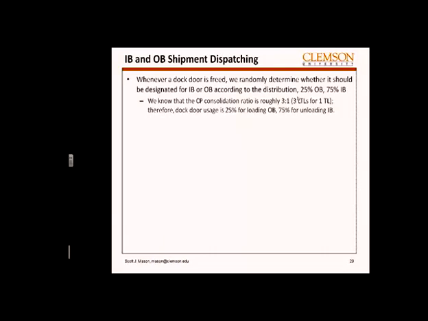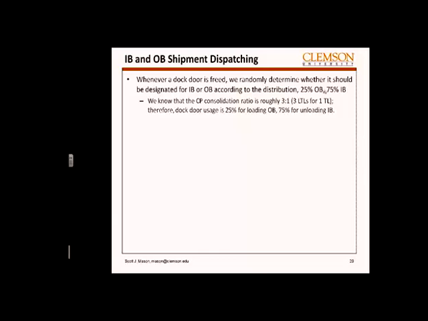So whenever a dock door becomes free, it could be assigned outbound, it could be assigned inbound. So we have to figure out, well, how does this assignment get done? Well, historically, it seems that there are 3 less than truckload shipments for every 1 truckload shipment. Said a different way, historically there were 3 inbound shipments for every 1 outbound shipment.